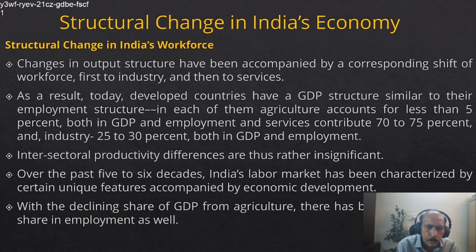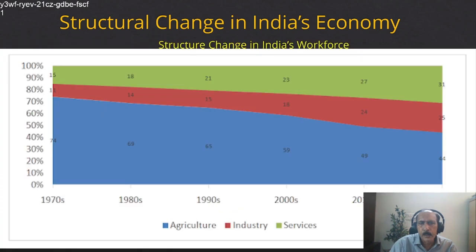Given this change in the composition of GDP, the question arises whether commensurate changes have taken place in the employment of the workforce in various sectors. When we look at the employment of the workforce in various sectors, look at this graph.